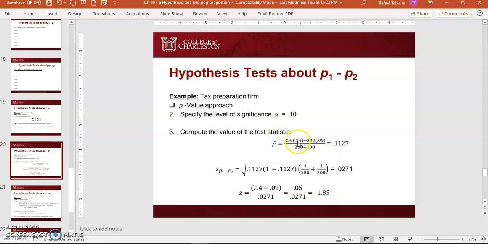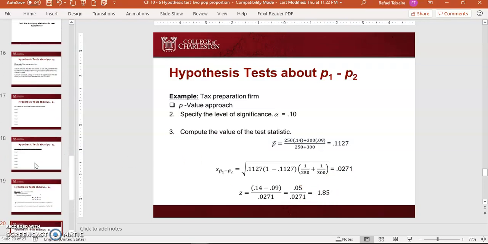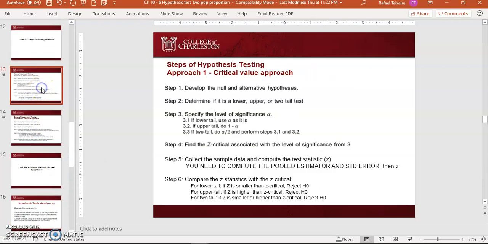First step, get the p for the pooled estimator and replace it in this formula, then you get the standard deviation of the sample proportion, and then you compute the z. So the z is 1.85.